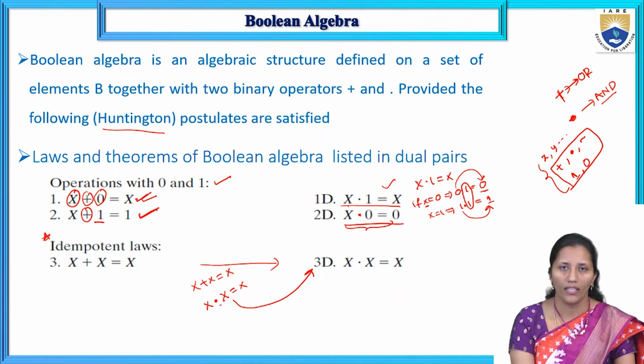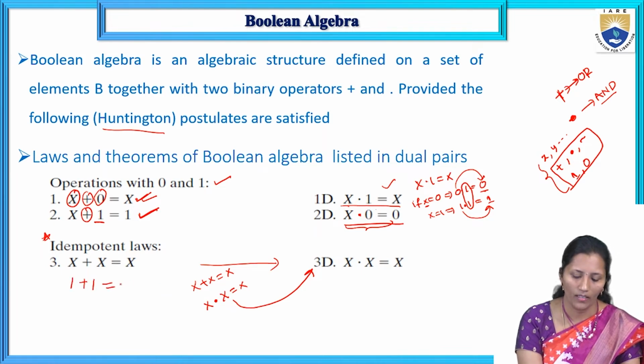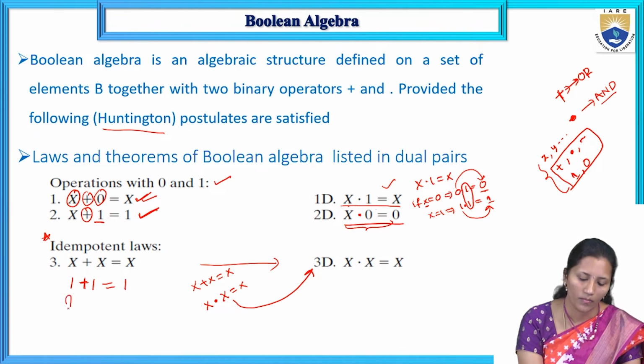So in duality, the OR operator will become the AND operator, and the AND operator will become the OR operator. Our logic 1 will become logic 0, and logic 0 will become logic 1. So if we take 1 plus 1, here plus means the binary OR operator. 1 plus 1, both are 1, so that is 1. Both are the same.